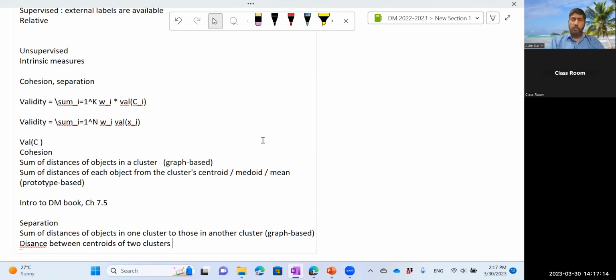So this is also between two clusters, and higher values are considered better if we are using distances. So this is the prototype based notion.